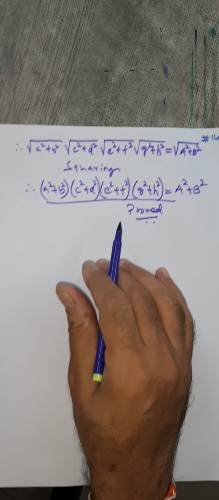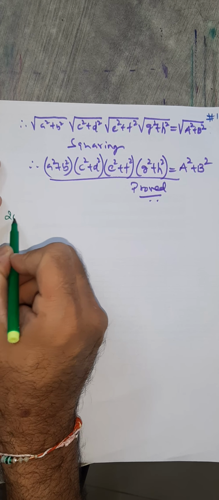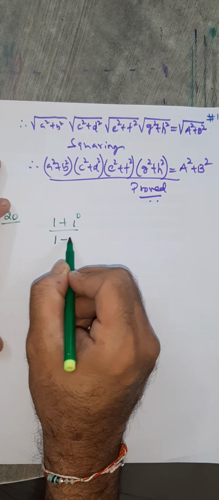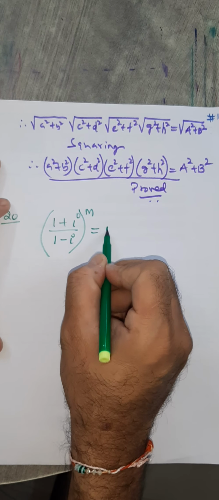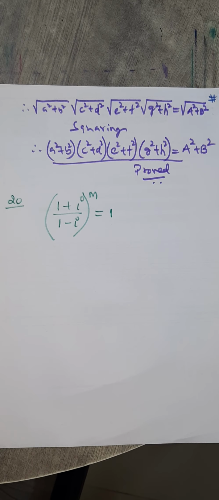Let's come to the last question, the 20th. In the 20th question, you are given 1 plus iota upon 1 minus iota, the whole raised to m, equals 1. What's the question? Find the smallest value of m, the least positive value of m, remember.